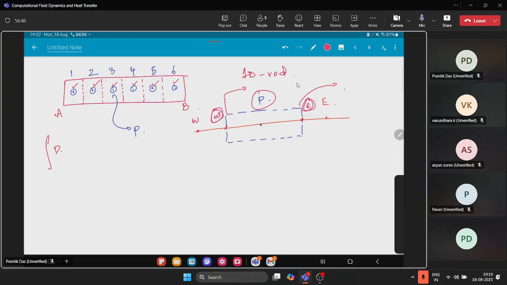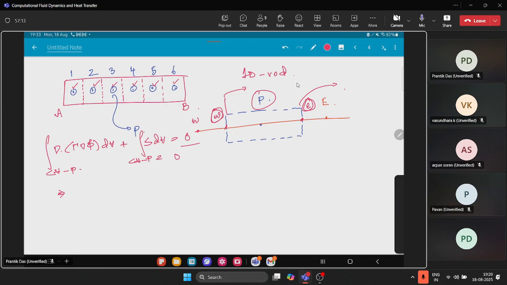Then integral of del dot gamma grad phi dV plus integral of s dV is equal to 0. My control volume P has this equation. Since I said earlier that this is my diffusion source problem, I am considering only two terms in the general transport equation.